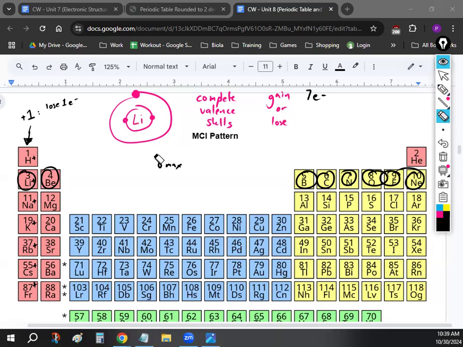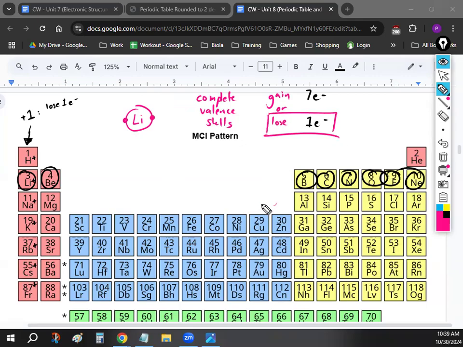Or what it could do is it could lose 1 electron, because if it loses 1 electron, that outer shell disappears and now it technically has a complete valence shell, right? And so the question is basically, what is easier? Is it easier to gain 7 electrons or lose 1 electron? Again, just looking at the numbers game, they want to lose 1 electron. Okay, it's a lot less work.